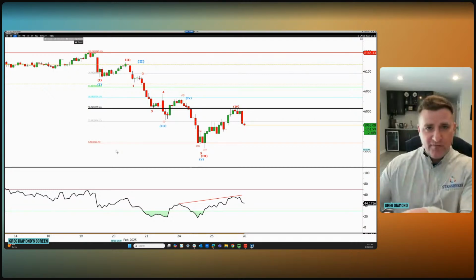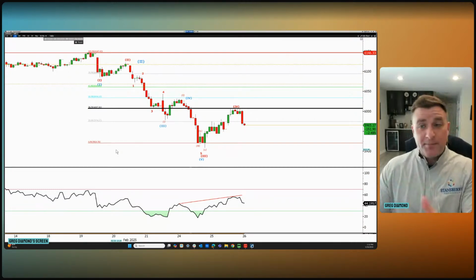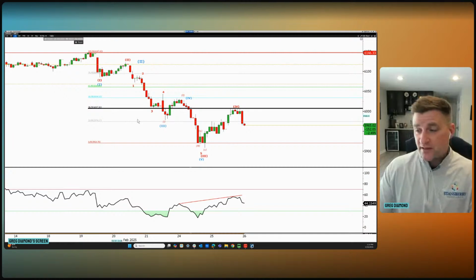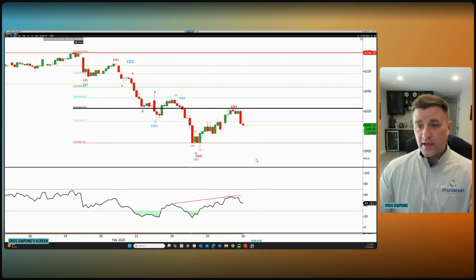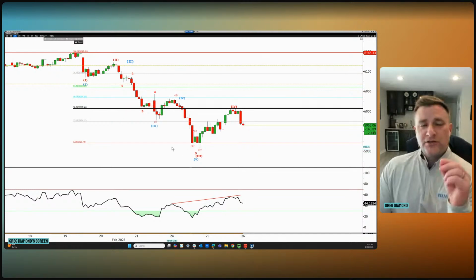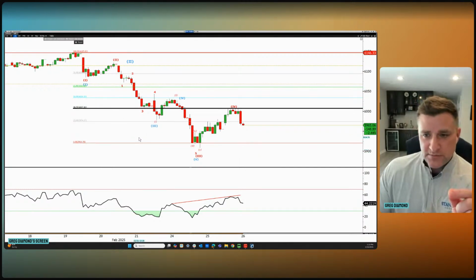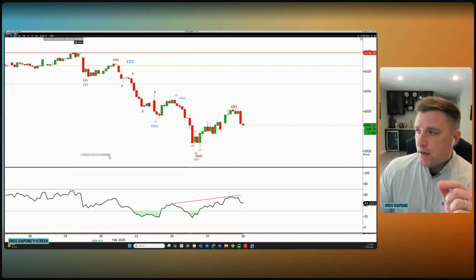I mentioned the wave 4 tends to stop around that 38.2%. This is a real live perfect example of that. Again, if you wanted to get short, you could do that here with a stop, and trade that last leg lower for that wave 5 move down. Now, how do you measure Fibonacci retracements? All right, let me jump out of this real quick.